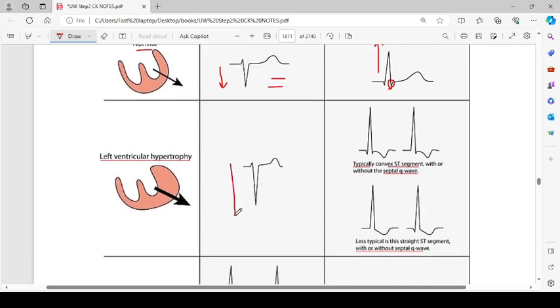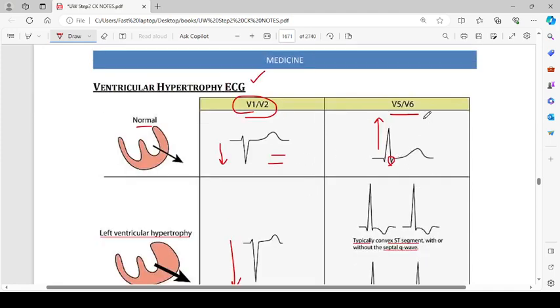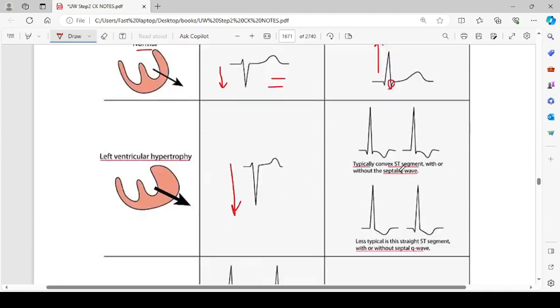There is deepening of the S wave in leads V1 and V2, and in leads V5 and V6 this happens. It is typically a convex ST segment with or without septal Q waves. Less typical is the straight ST segment with or without septal Q waves.